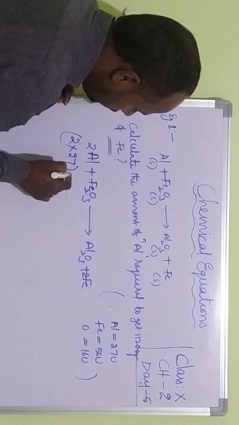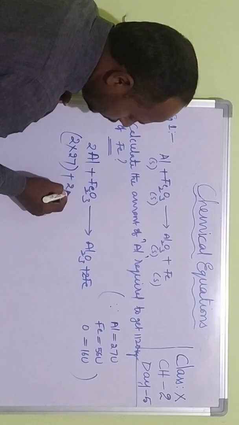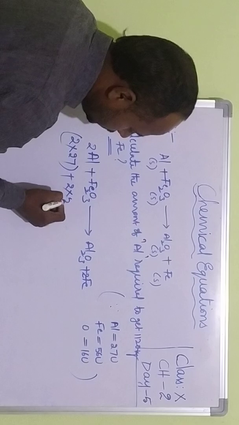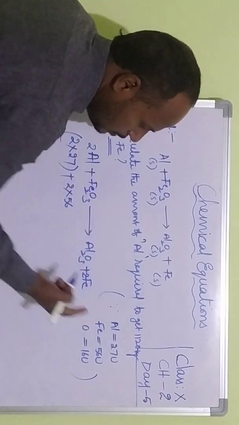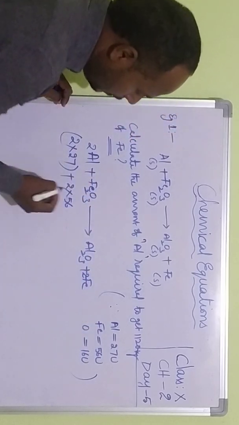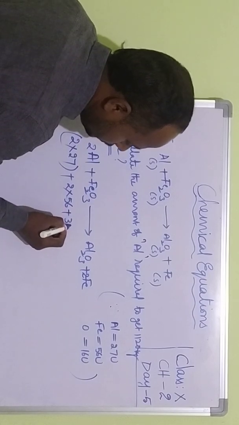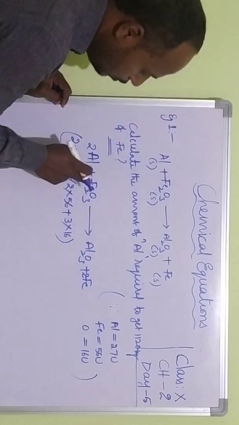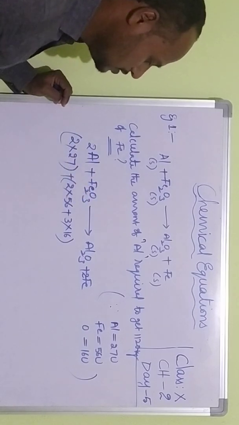This is 1. Followed by 2 into Fe, 2 are there, right? 2 into 56, because the mass is 56. And 3 into oxygen 16. These are 2 irons and 3 oxygens.